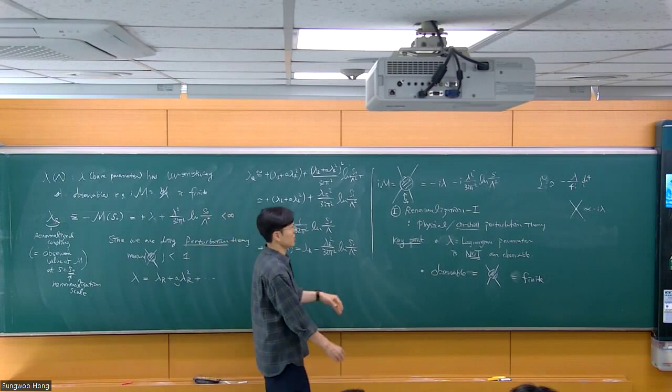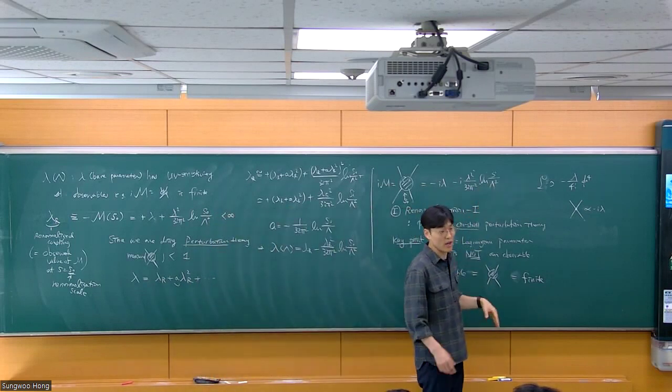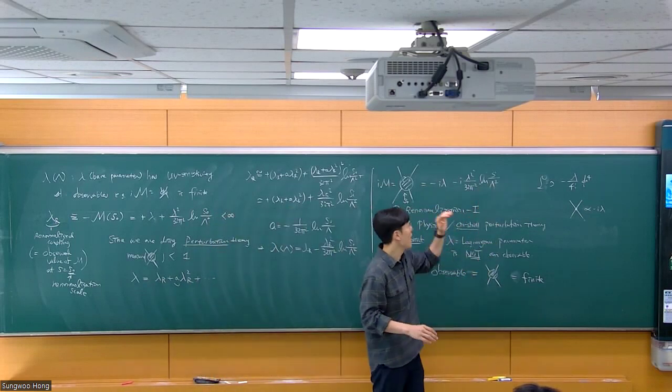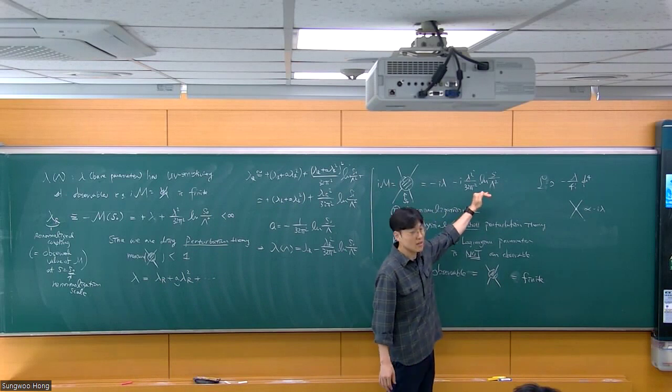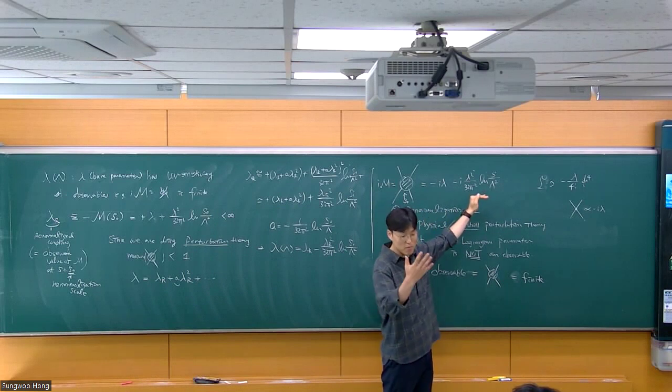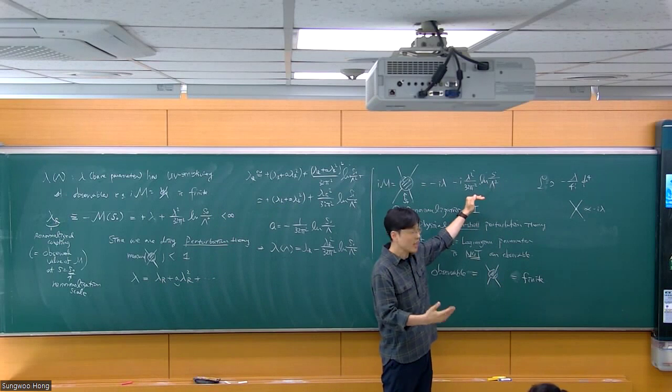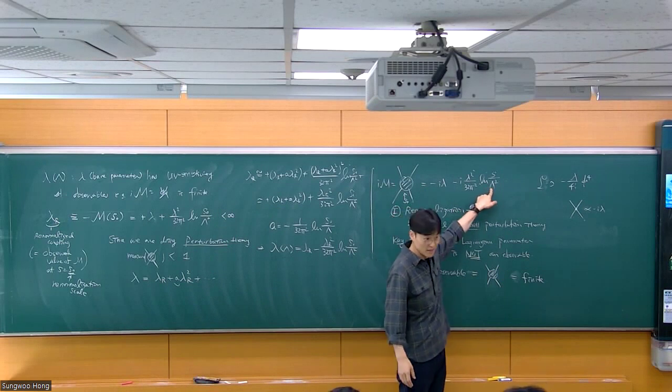Obviously, if you take the infinity at this level already, you might say, okay, everything is divergent, I don't know what to do. Remember, I have only regulated the computation so that instead of me seeing infinity, I just see how it is UV sensitive. This is a parameterization of UV divergence.